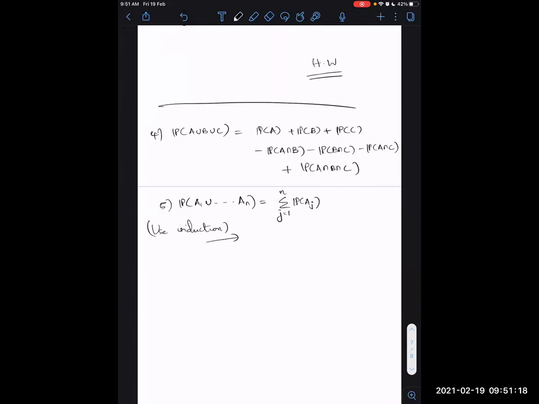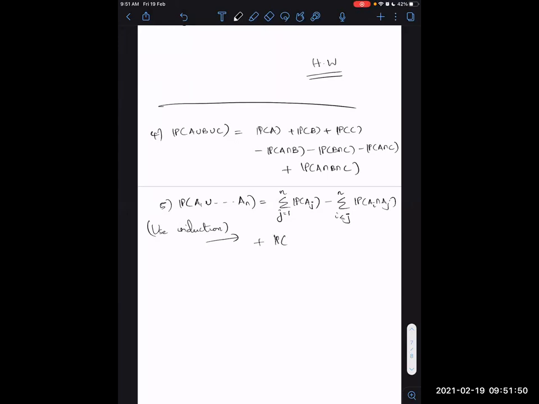Now you are overcounting many things. The first thing that you are overcounting is pairwise intersections. So you remove pairwise intersections, and when you remove these pairwise intersections, you will end up removing tri-intersections, so three sets intersecting.